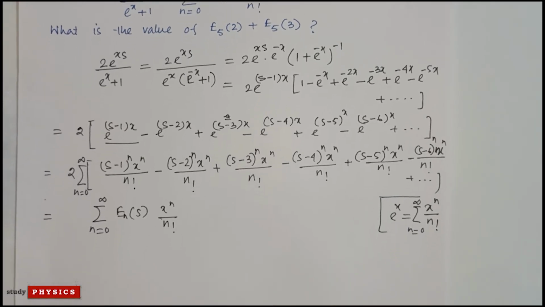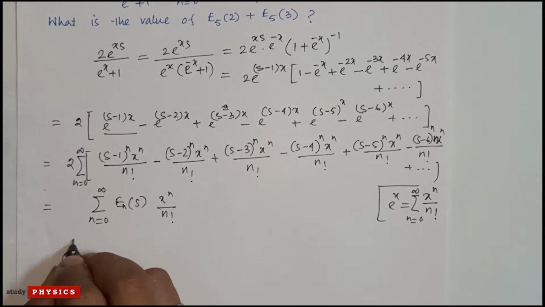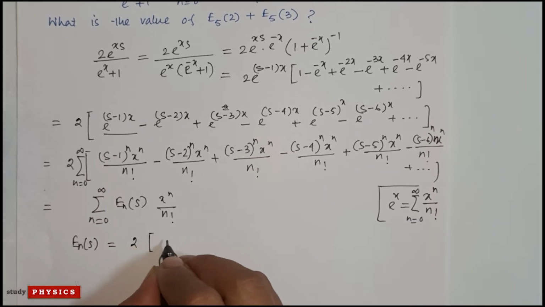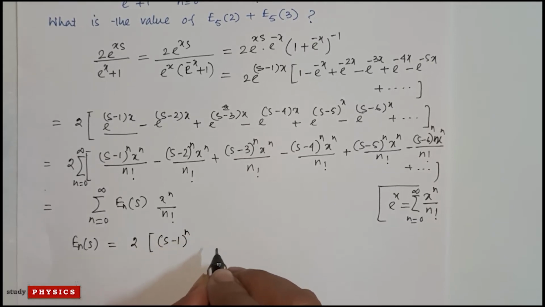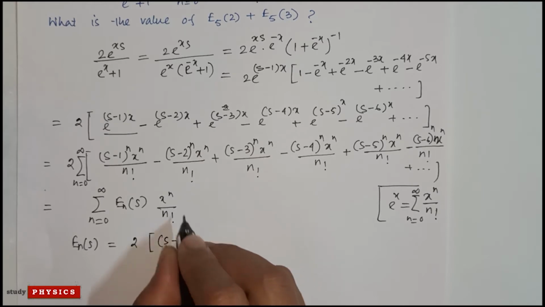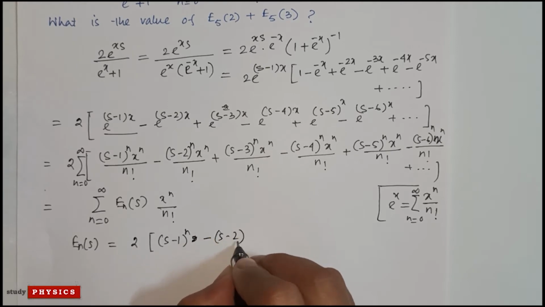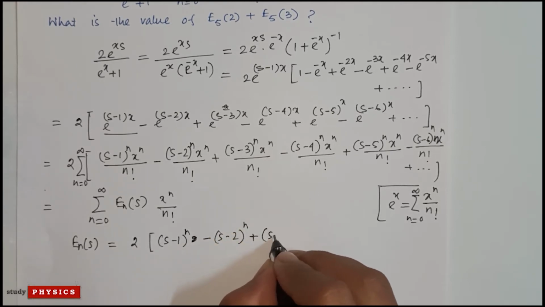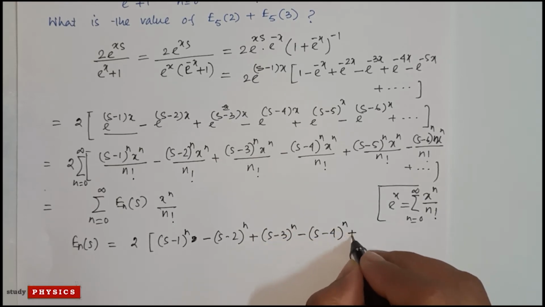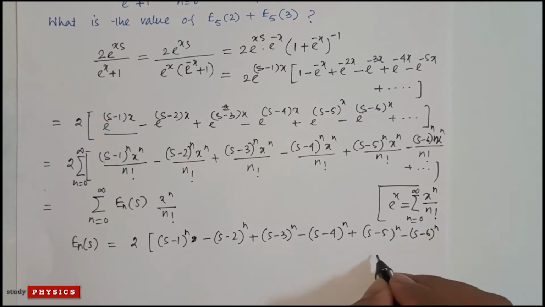So if we compare these two things, then we can write that E(n, s) is 2 into (s minus 1) to the power n minus (s minus 2) to the power n plus (s minus 3) to the power n minus (s minus 4) to the power n plus (s minus 5) to the power n minus (s minus 6) to the power n, and so on.